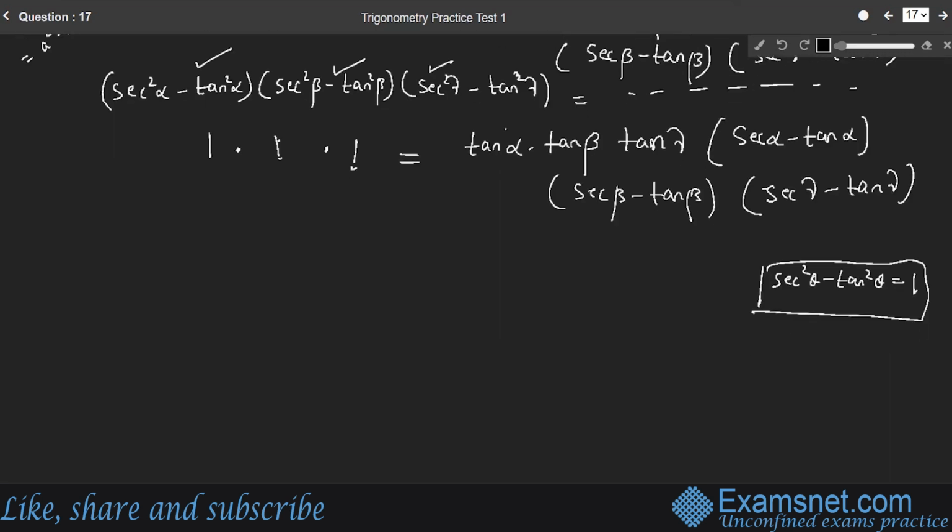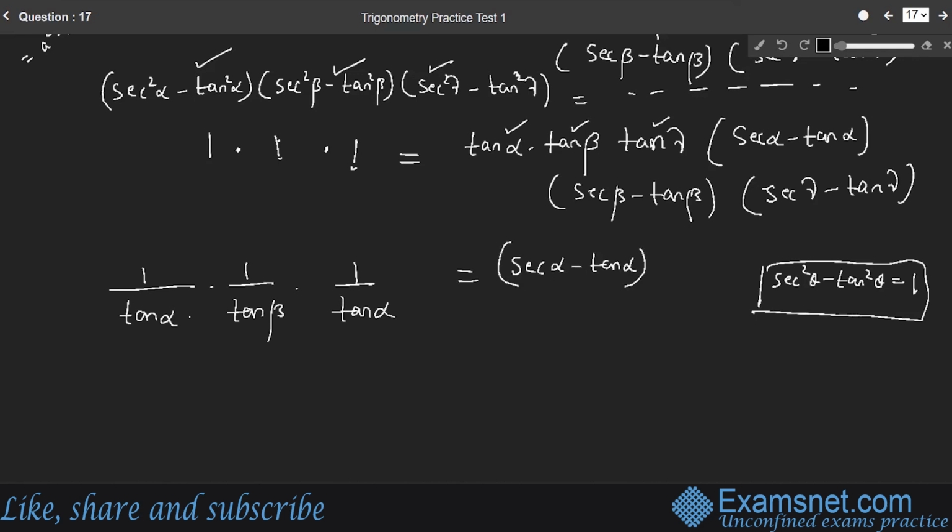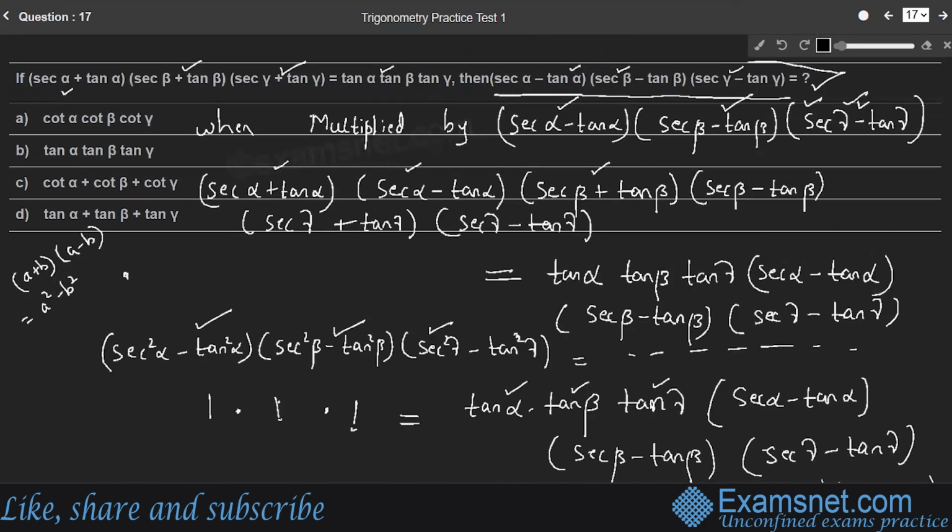Let us take all these tan functions, tan alpha, beta and gamma, to the LHS part. It becomes 1 by tan alpha into 1 by tan beta into 1 by tan gamma is equal to the remaining part in the RHS, secant alpha minus tan alpha into secant beta minus tan beta into secant gamma minus tan gamma, the same expression we need to find according to the question.